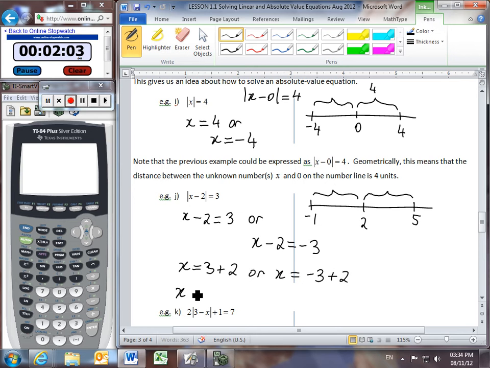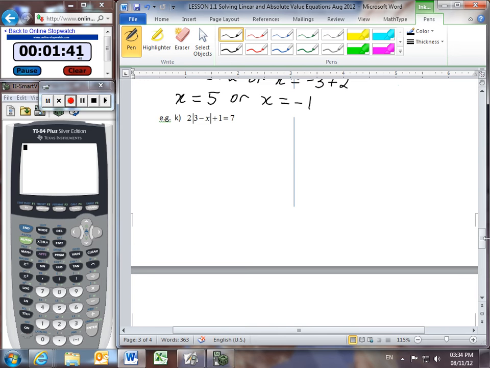And then we find out the same answers. x is equal to 5, or x is equal to negative 1. So it's nice to be able to solve these kinds of problems geometrically by using a number line, seeing the distance between our x and the middle point of 2, or algebraically by removing the absolute value sign and turning it into a positive negative situation.